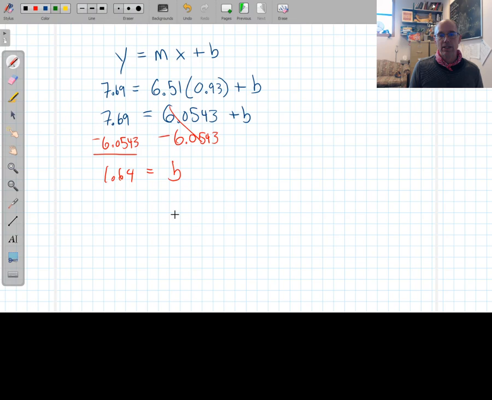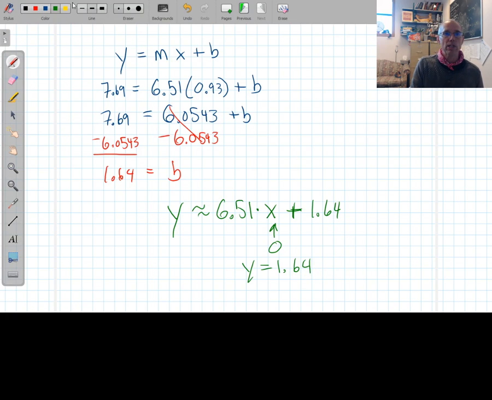I think that line on the other page is approximately y equals 6.51 miles per hour times the time I rode plus a little fudge factor of 1.64. Now what does that number mean right there? Well, if you plugged in x equals 0, then you would get y equals 1.64, right?